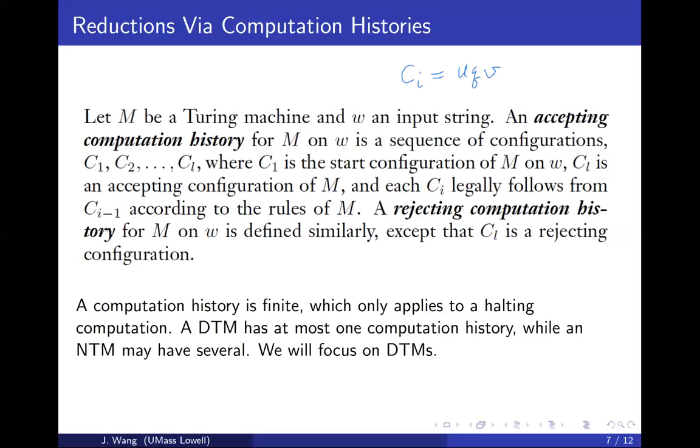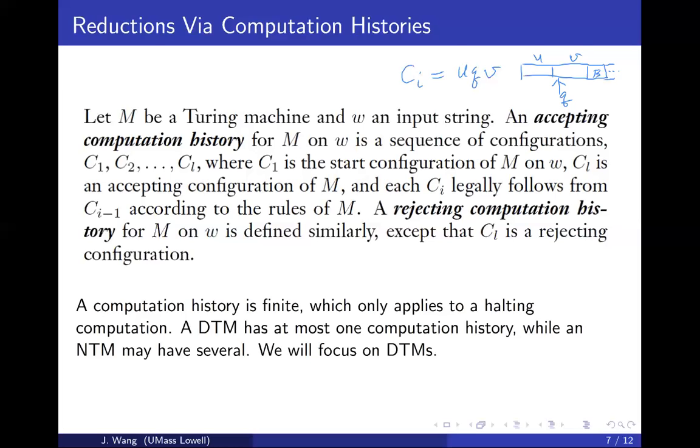This means that on your tape, you have U and you have V, and your q points to the first symbol of V, and then you have blanks afterwards.